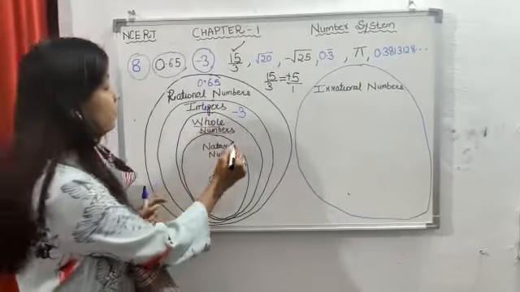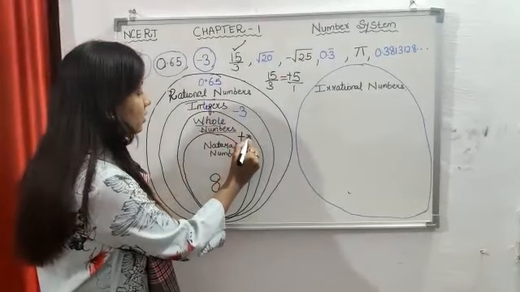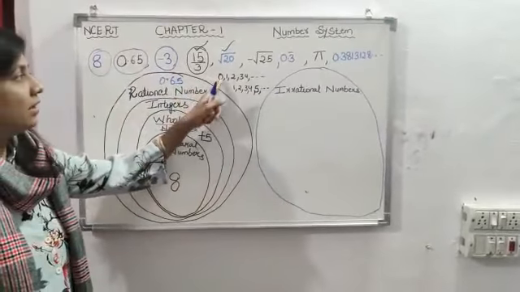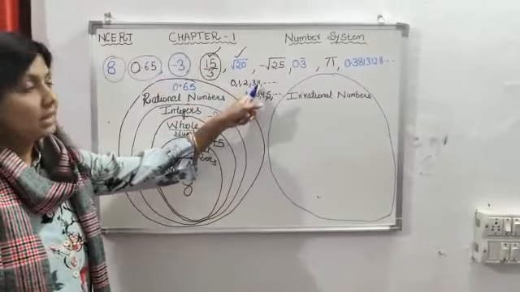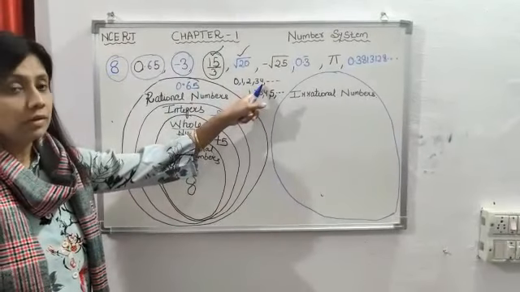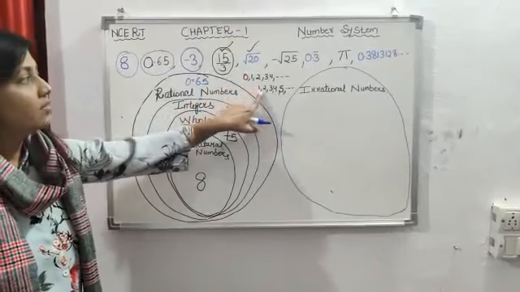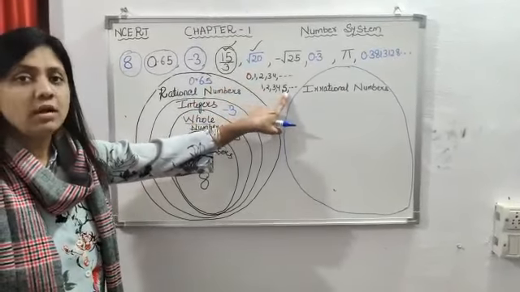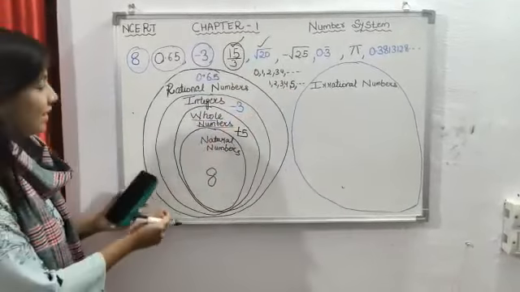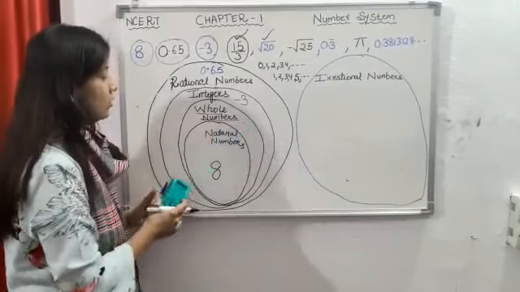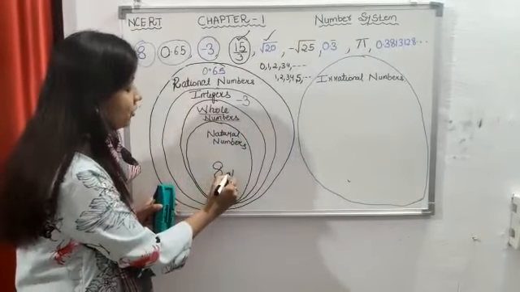So positive 5 will come in whole numbers. If I am having 0, 1, 2, 3, 4, this is the family of whole numbers. But if I am not having 0, then this is the family of natural numbers. So I can say that plus 5 is a whole number and it is also a natural number.